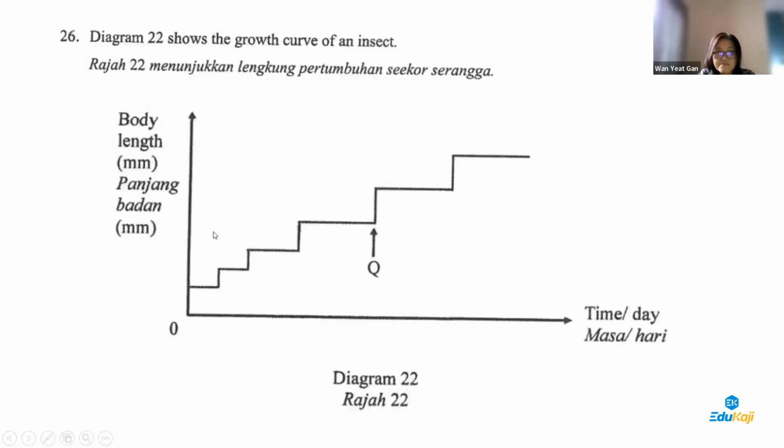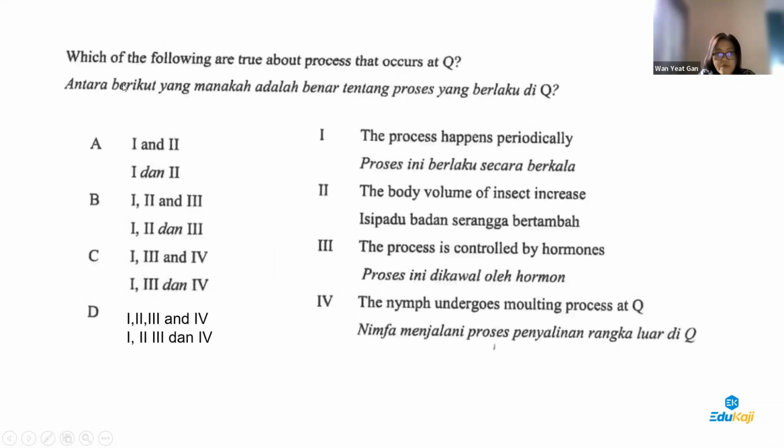Question 26. Diagram 22 shows the growth curve of an insect. So it's shown here, Q. Q is ecdysis. Which of the following are true about the process that occurs at Q? Now, the process of ecdysis occurs periodically, right? So this is correct.